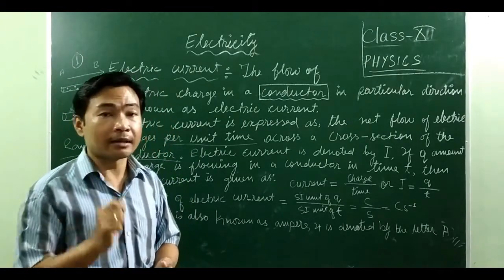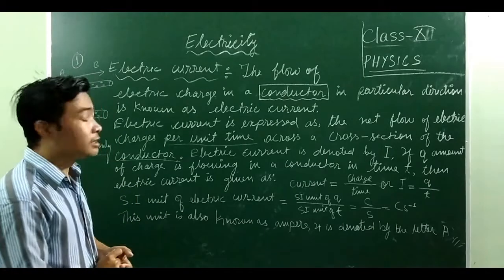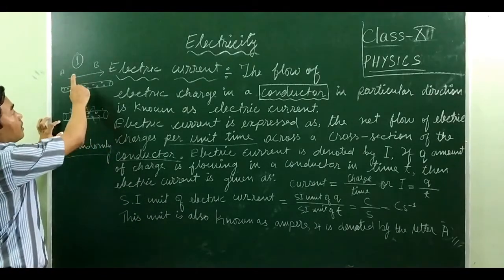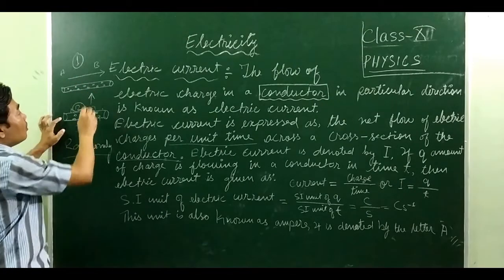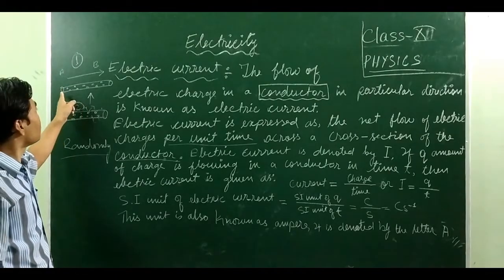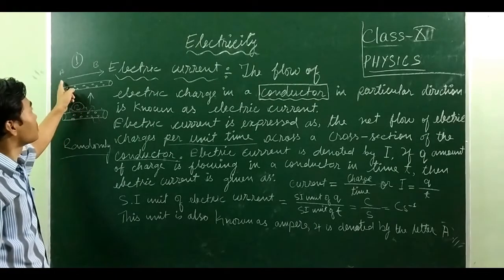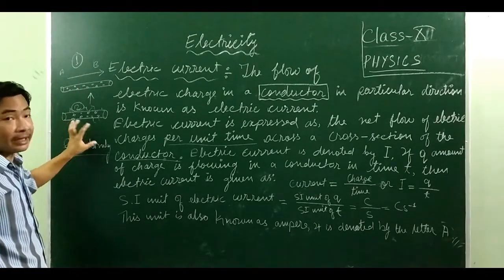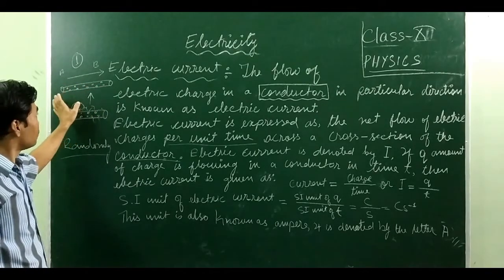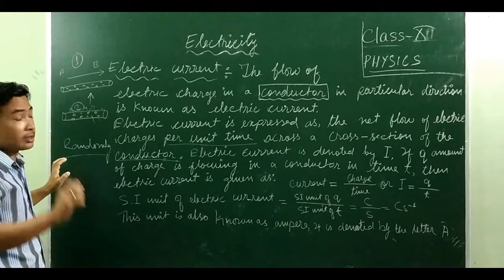The answer is battery, or cell. A cell maintains a potential difference. If the wire is connected with the cell, then all the electrons in this conductor, which were moving randomly in all directions, now start moving in one particular direction, let's say from A to B. Which direction it will be, we'll discuss more.